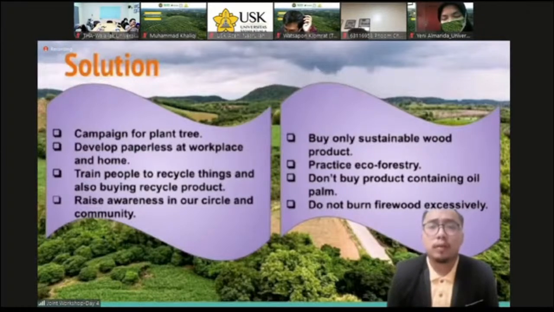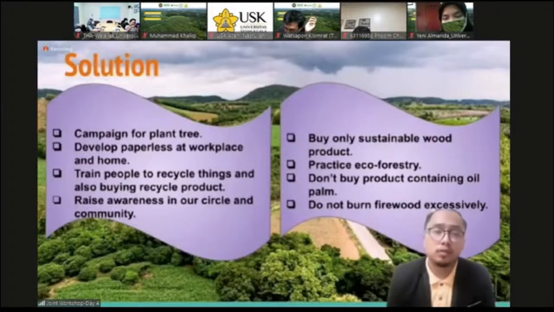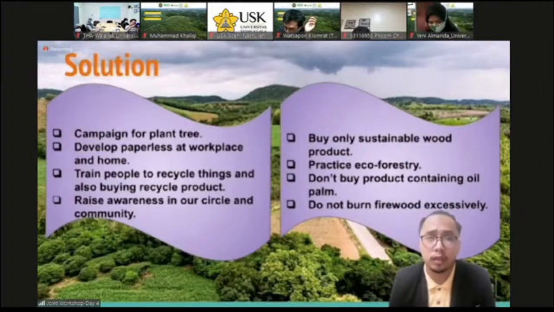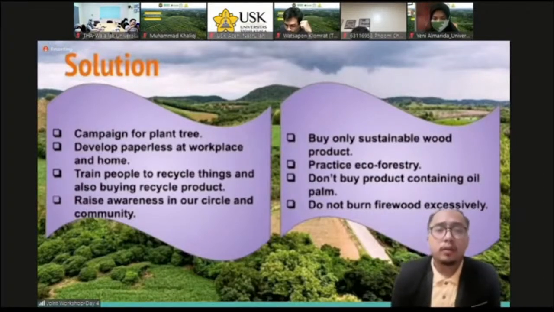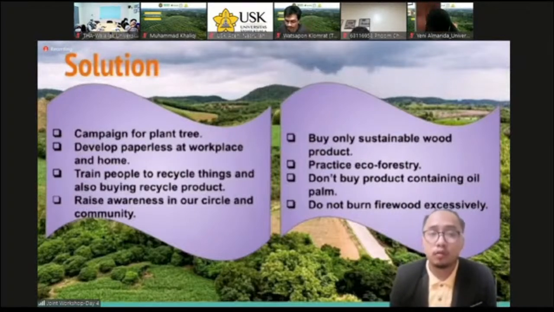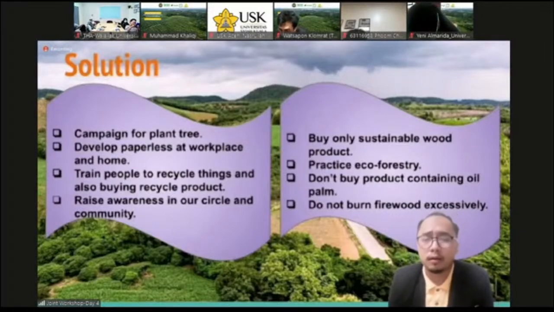After that, we need to buy only sustainable wood products if we want to use them. As a consumer, you can help to reduce the demand for more logging, especially illegal logging activities.